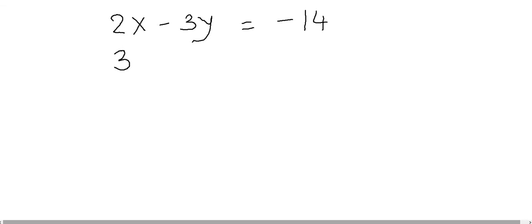So you are given the first equation, which is 2x minus 3y equals minus 14. Alright, next equation is 3x minus 2y equals minus 6.